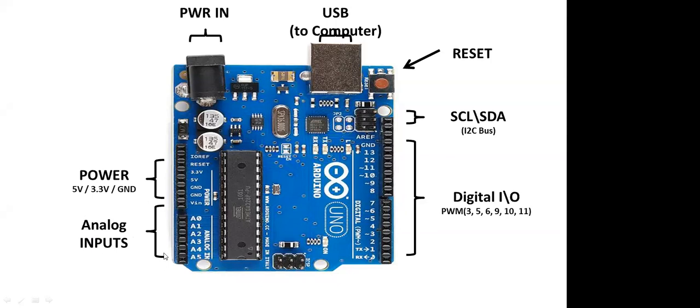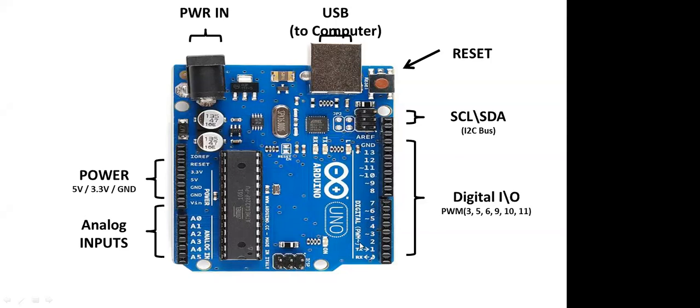From these pins, A0 to A5, we can take analog input to this microcontroller. But there are a few pins marked with a tilde over here, like 3, 5, 6, 9, 10, 11. The tilde indicates these are PWM pins.